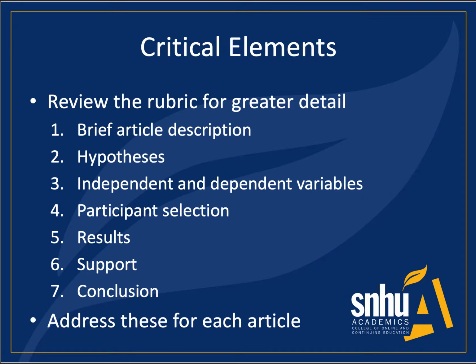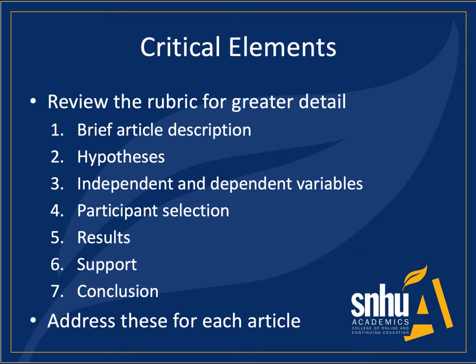Let's take it back to the critical elements. There are several critical elements, and you can review these. I'm going to provide an overview for each of them in this video. Make sure that you go back and you can check off literally that you are addressing each critical element for each of the 3 articles.